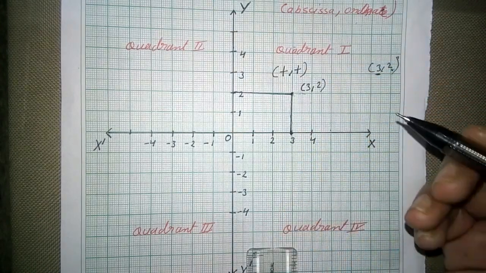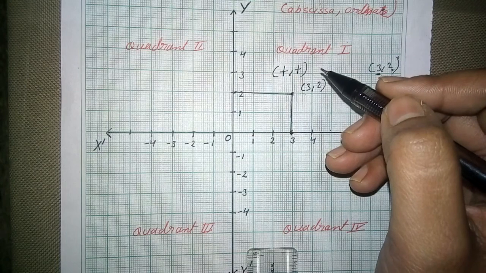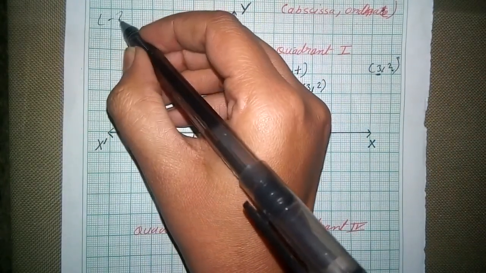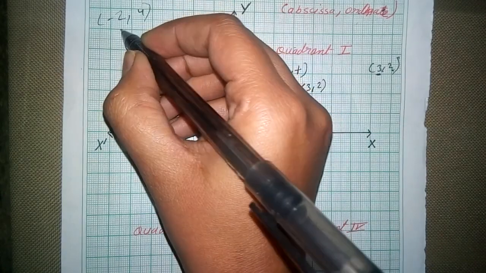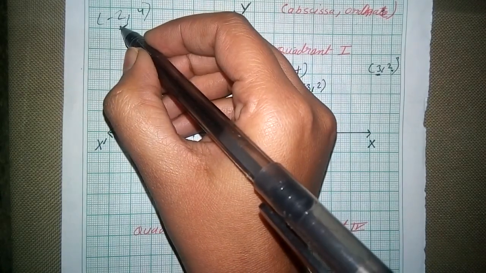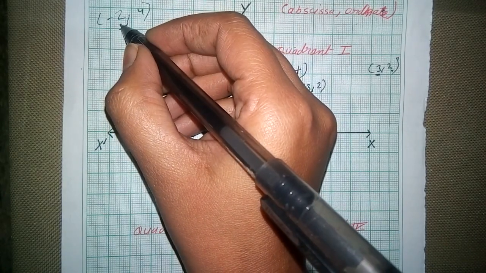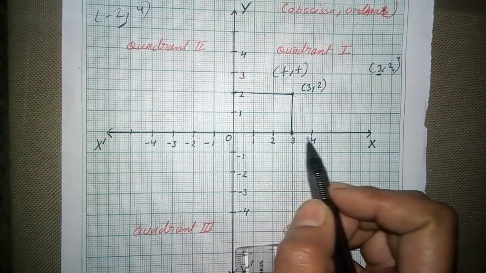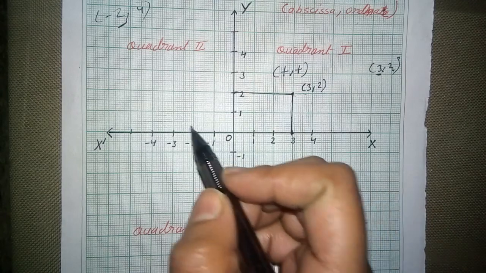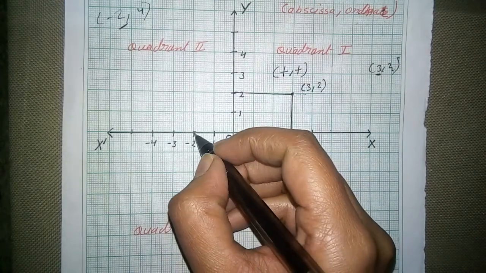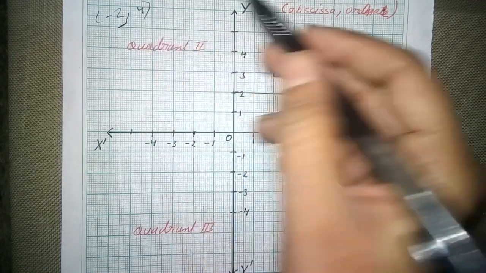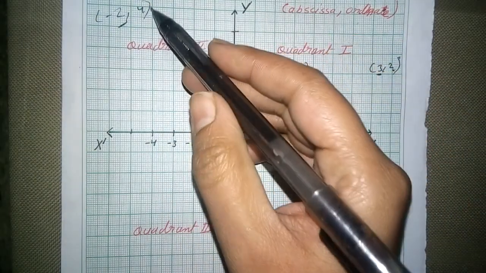Now the second point is -2, 4. -2 is the abscissa, which we locate on the x-axis. So where is -2? Here, all numbers to this side are negative, so -2 here. 4 is the ordinate, located on the y-axis, and it is positive 4.